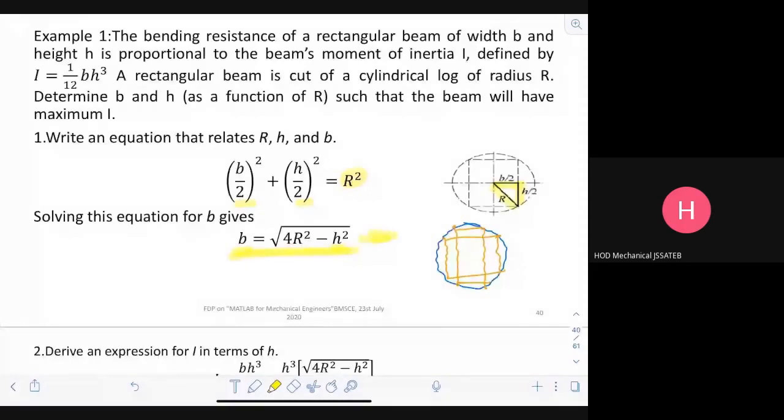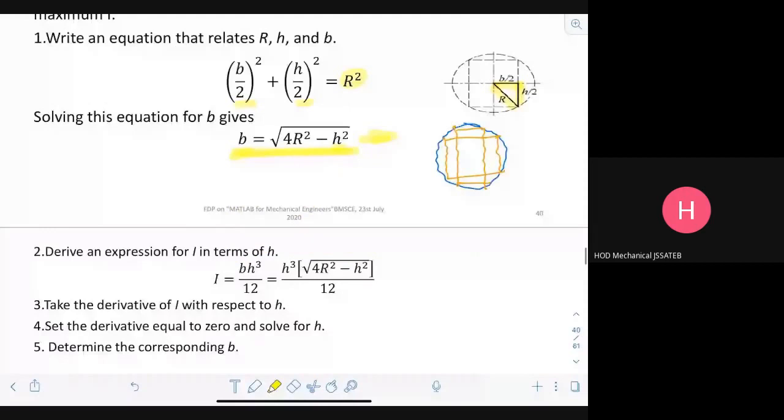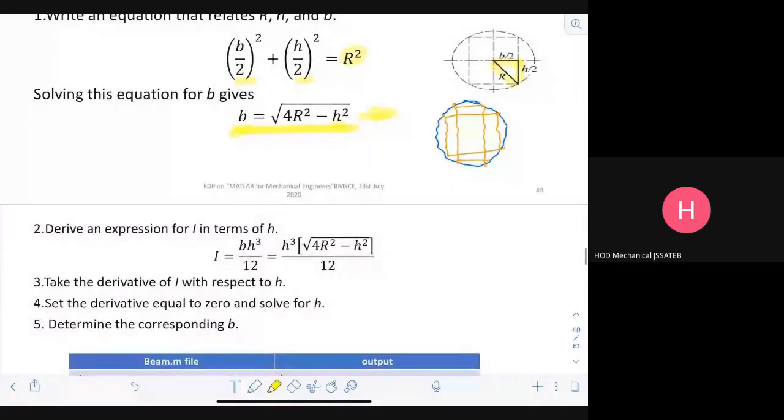Now, I need to write an expression for moment of inertia because I want to maximize I, extremize I. Therefore, from fundamentals, I is equal to bh squared by 12. And remember, I have made b a dependent variable. Therefore, I'm writing this expression in terms of h.